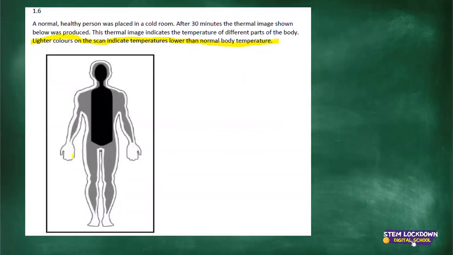The skin is white, meaning it is colder than all the other parts of the body. So this person is actually feeling cold, because it's the skin and the inner parts of the skin. It's cooler, lower than normal body temperature.